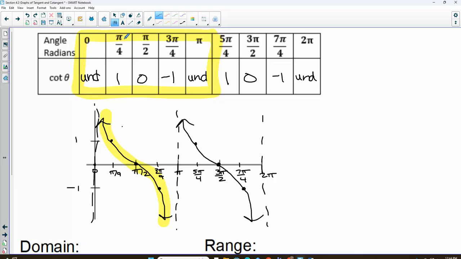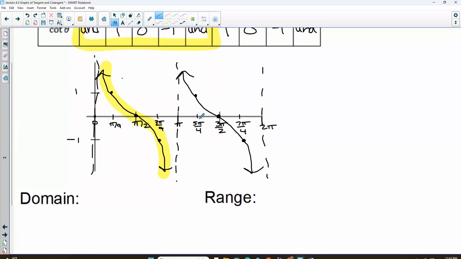The domain of this one, what can x not be this time? 0, pi, 2 pi, and it would go on 3 pi, 4 pi. So it just basically can't be any multiple of pi. Or you could write this where k is an integer value. Again, range, what do we get?